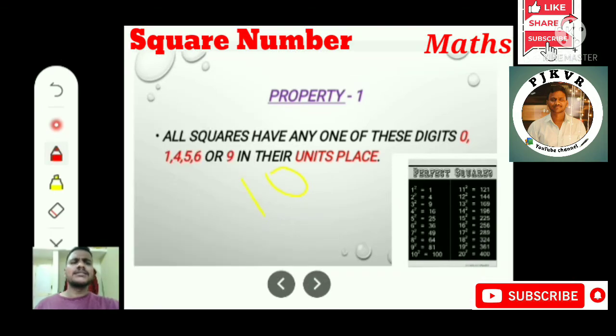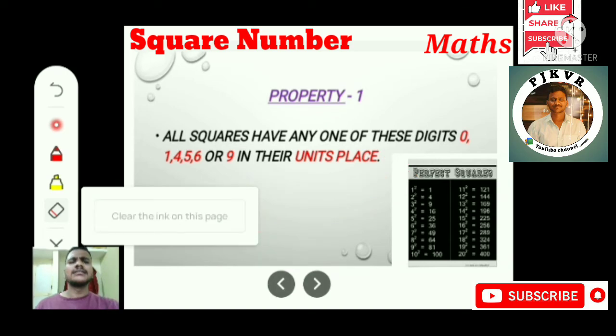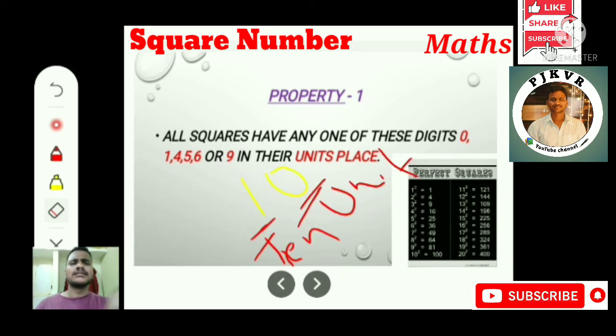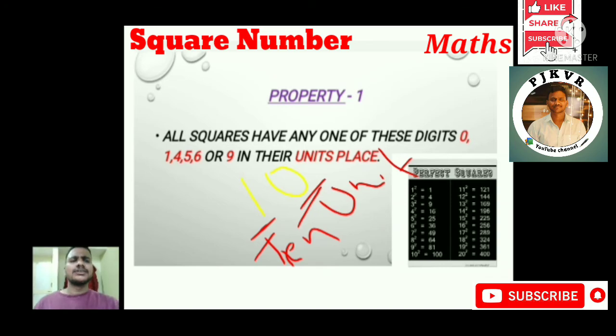The 0 is in the unit place, and the 1 is in the tens place. We have to identify the unit place.